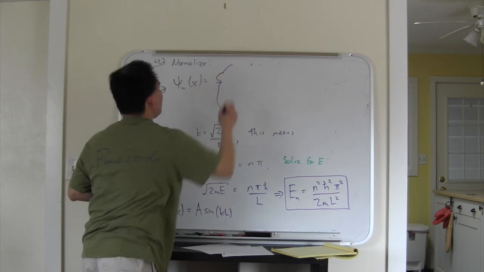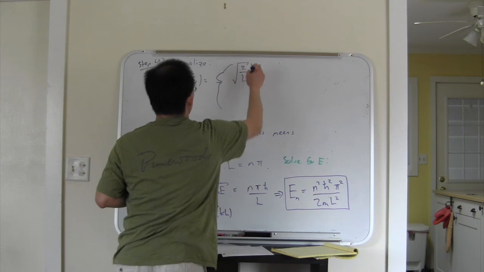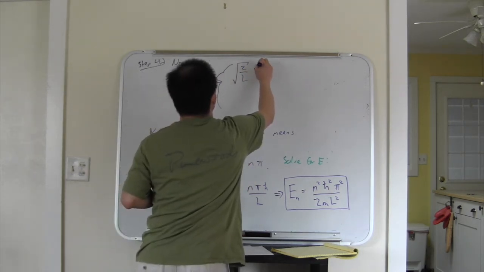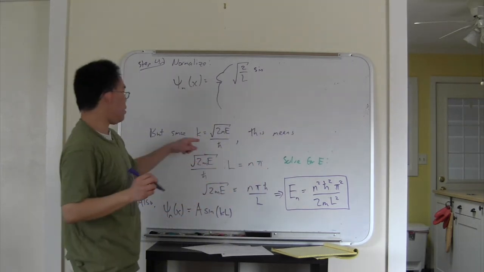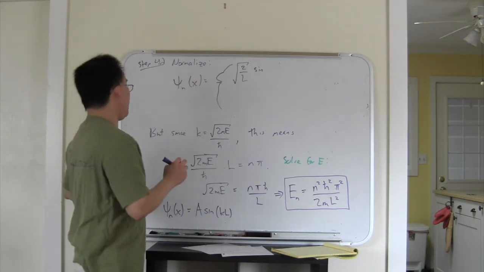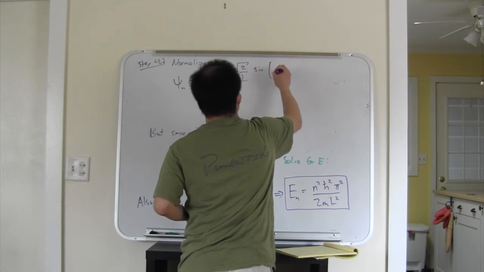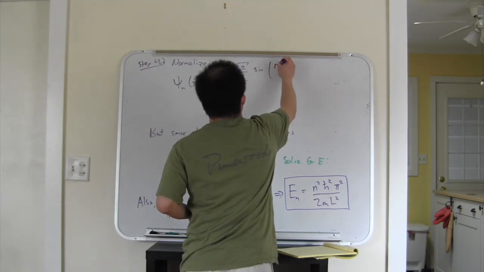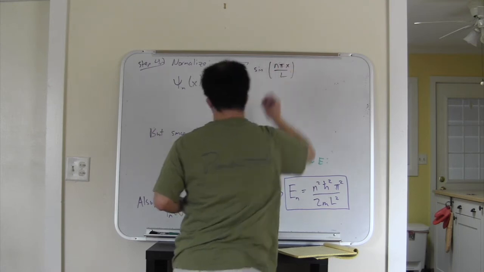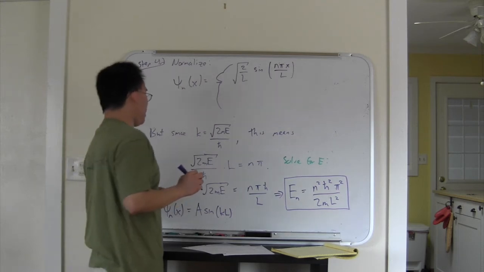oops, it's big, it is going to go like the square root of 2 over L times sine kx, right? Which we know k has to be equal to n pi over L, sorry. So it's kL that's equal to n pi.